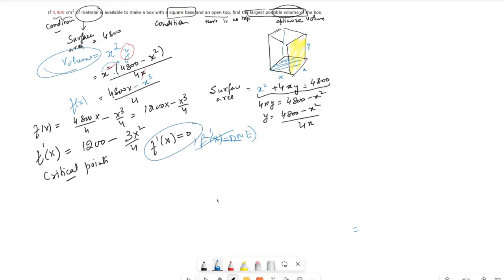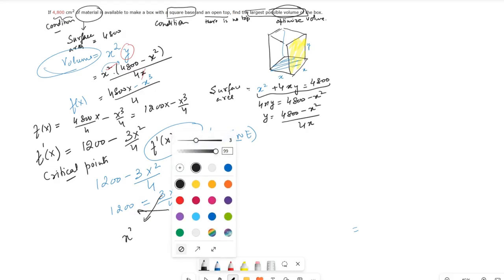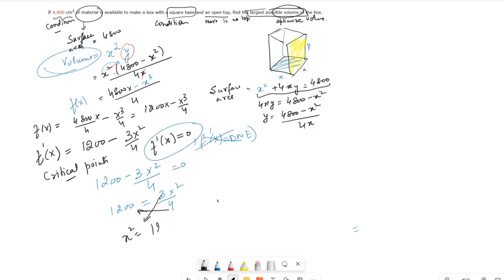For f′(x) equal to 0, 1,200 minus 3x² by 4 equals 0. So 1,200 is equal to 3x² by 4. You can cross multiply. That means x² is equal to 1,200 times 4 by 3.